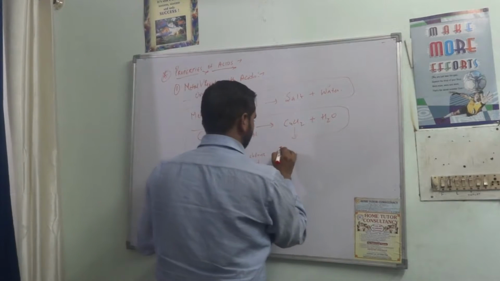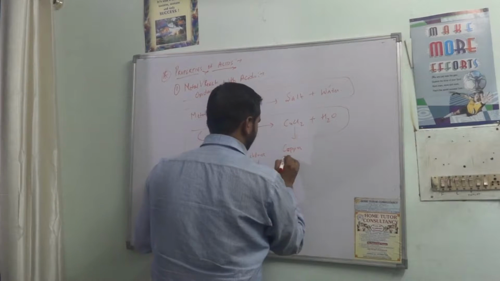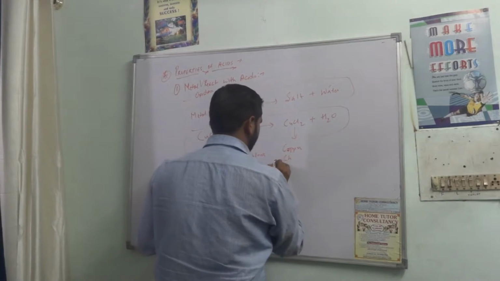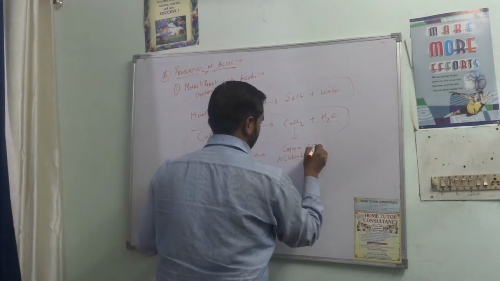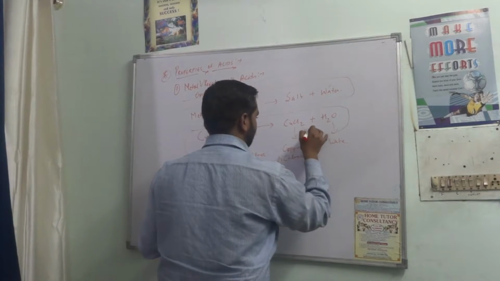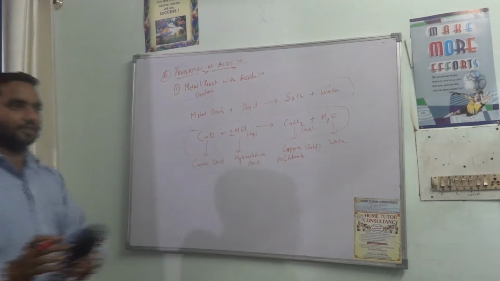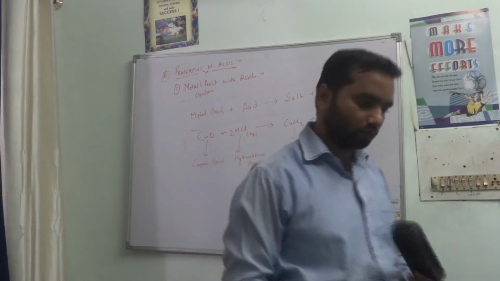They form copper dichloride as a salt and water. Here it is an aqueous solution. So this is the basic reaction that occurs when a metal oxide combines with acids to form salt and water.